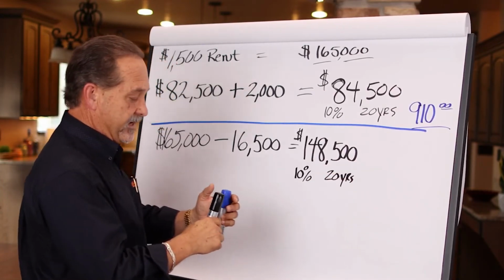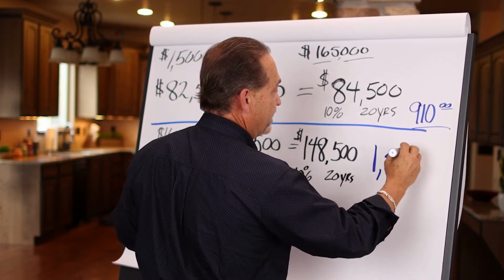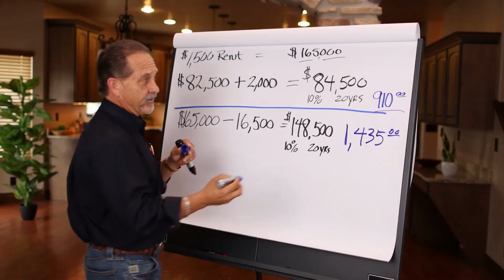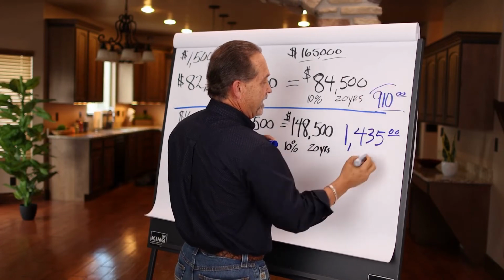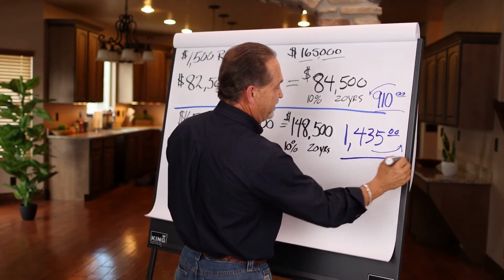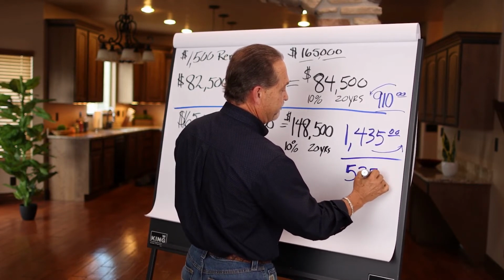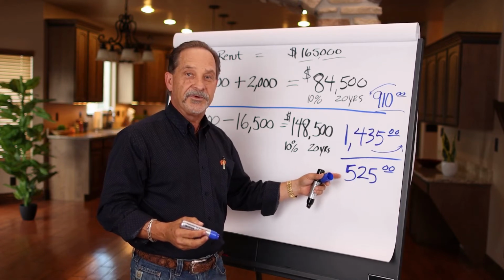And their payment to me is going to be $1,435. So this is what I have going out, and this is what I have coming in. So I've cleared myself a $525 a month positive cash flow.